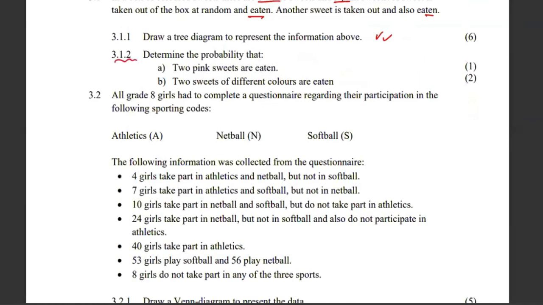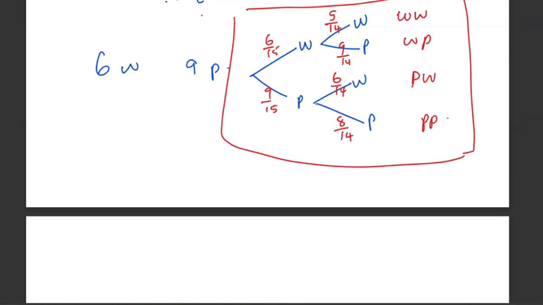Then 3.1.2, determine the probability of having 2 pink sweets. Okay, so we're looking at P and P, meaning that the first P is 9 over 15 times the second P will be 8 over 14. So whenever we are looking at multiple events, we just multiply the probabilities.